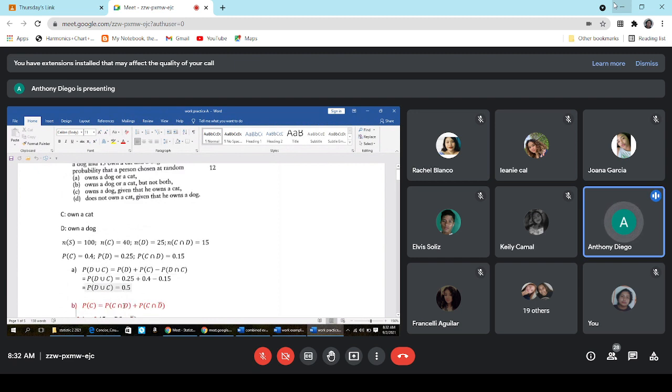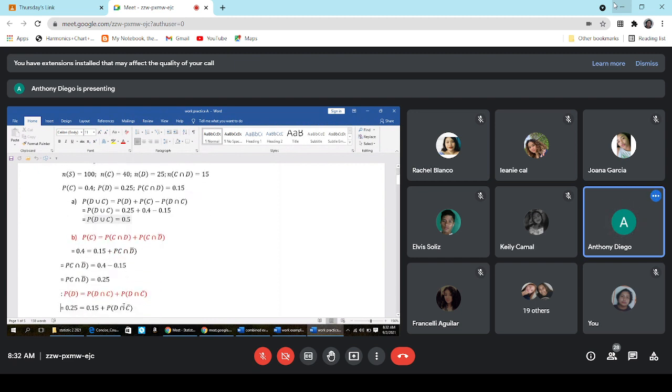And down here, this means that the person owns a cat but not a dog. What we have here, which is 0.25. They show that the person owns a cat but not a dog.